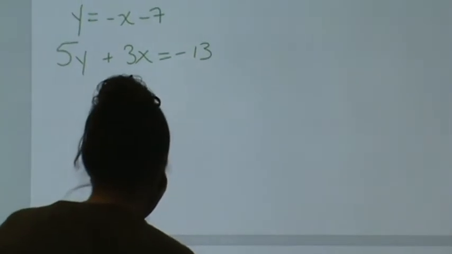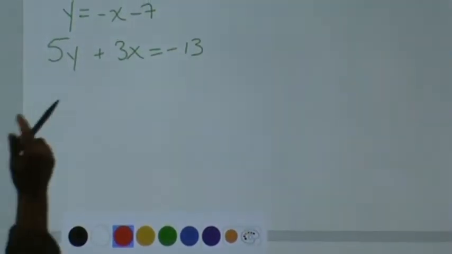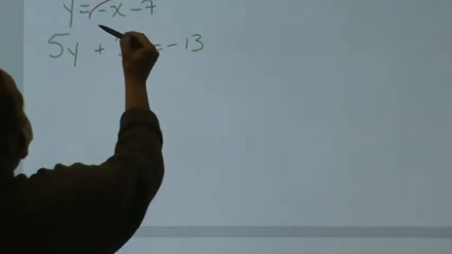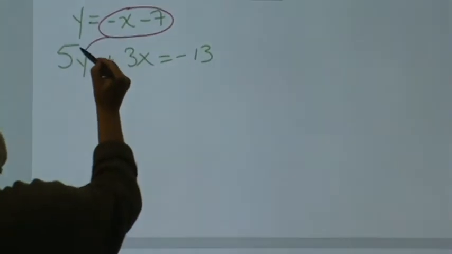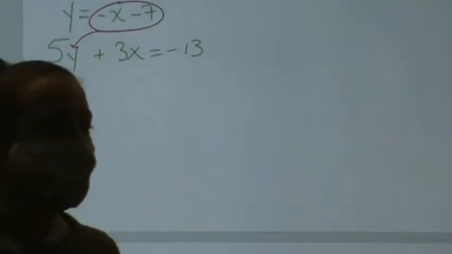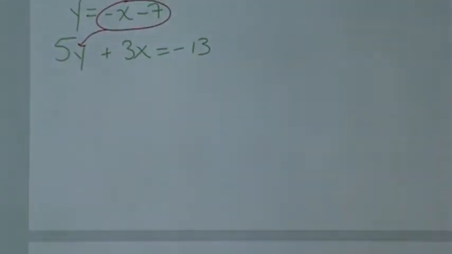Well, guess what I'm going to do? What am I going to plug in? Well, I know that y equals negative x minus 7. So guess what I get to do? Wherever I see a y, I get to substitute that whole equation in for y.